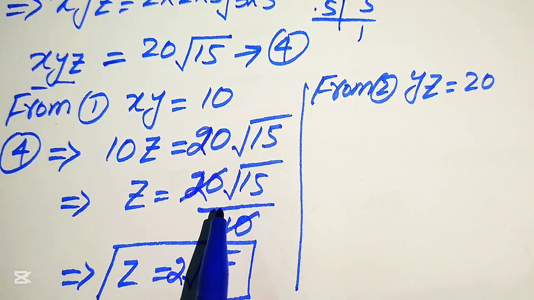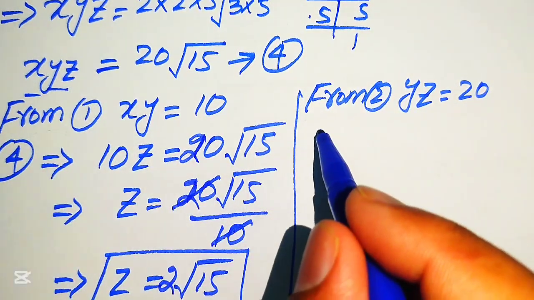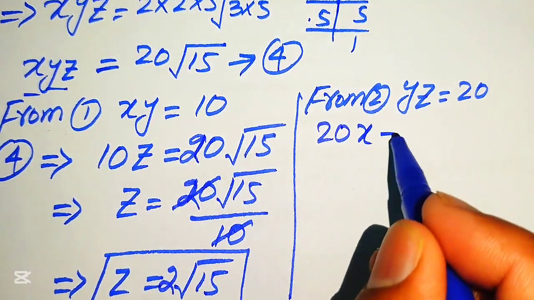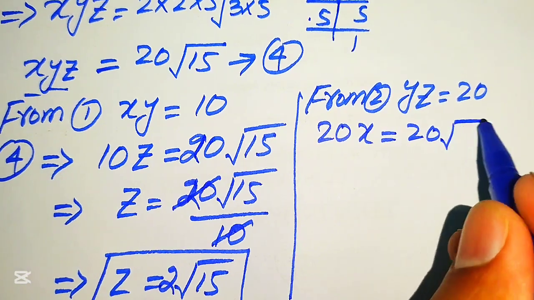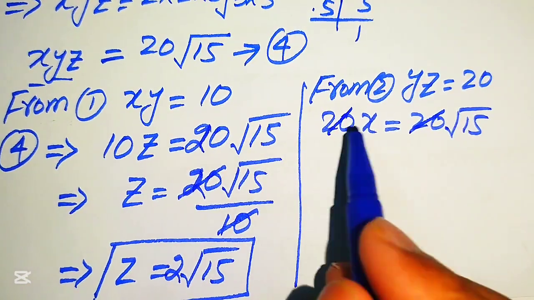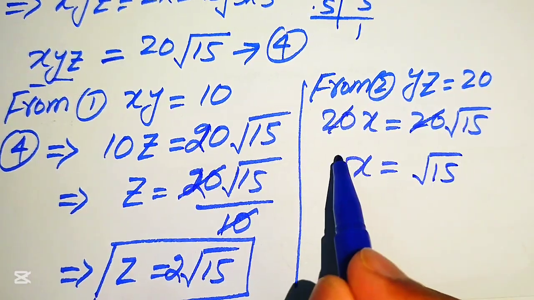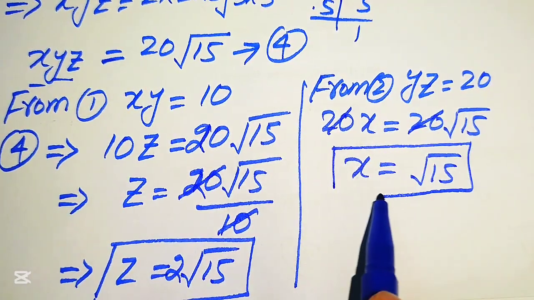Okay, sorry for that mistake. Here we can just put this value, it will be written as 20 times x equals 20 times the square root of 15. Now you see this 20 and this 20 are gone, and you get the value of x equals square root of 15.